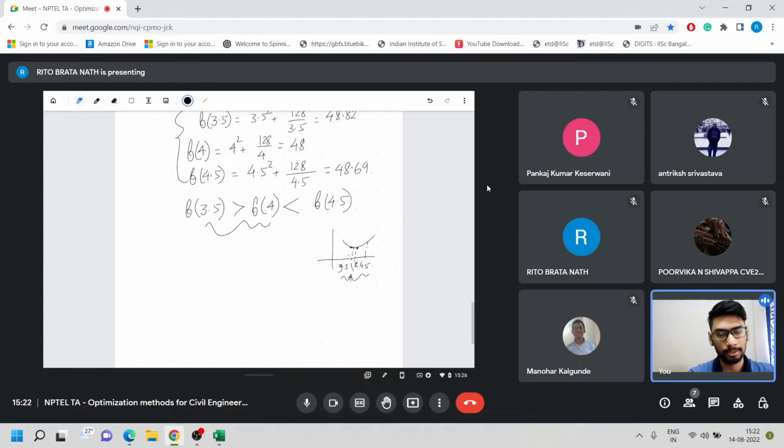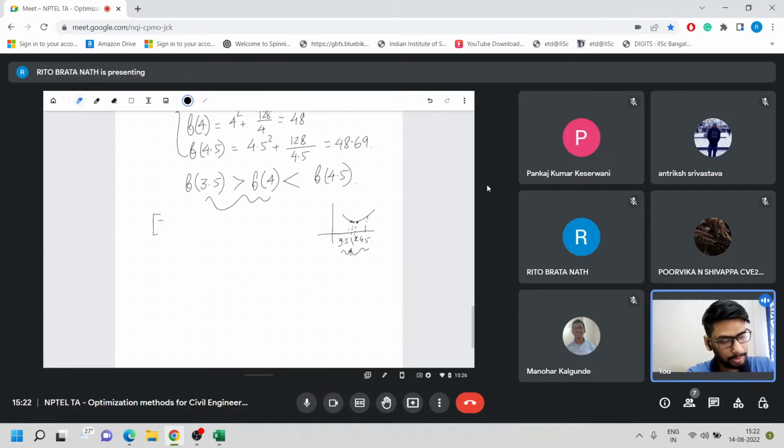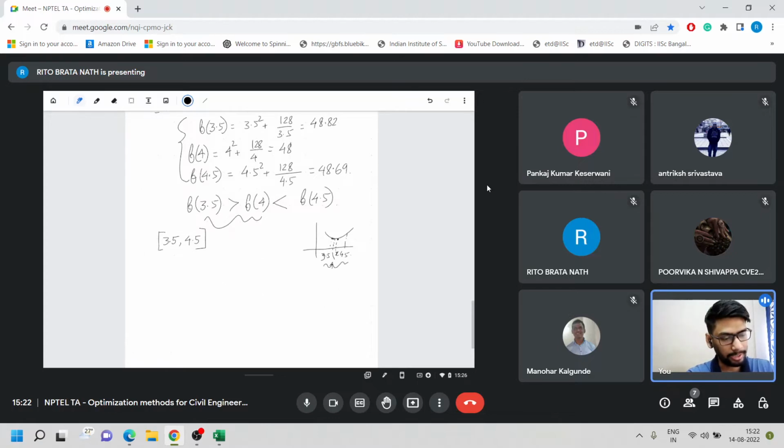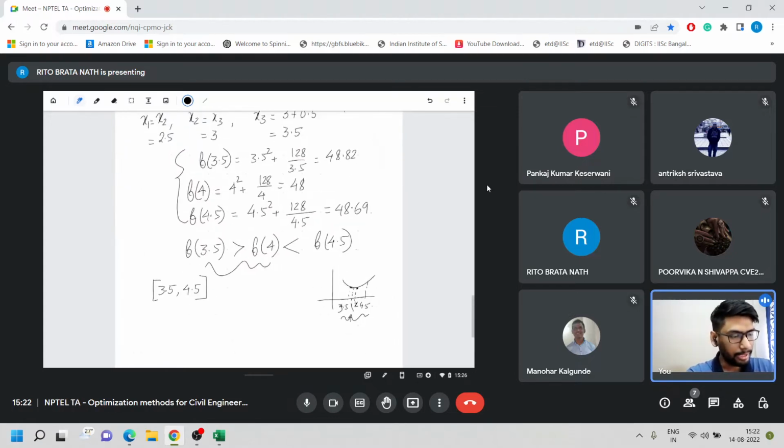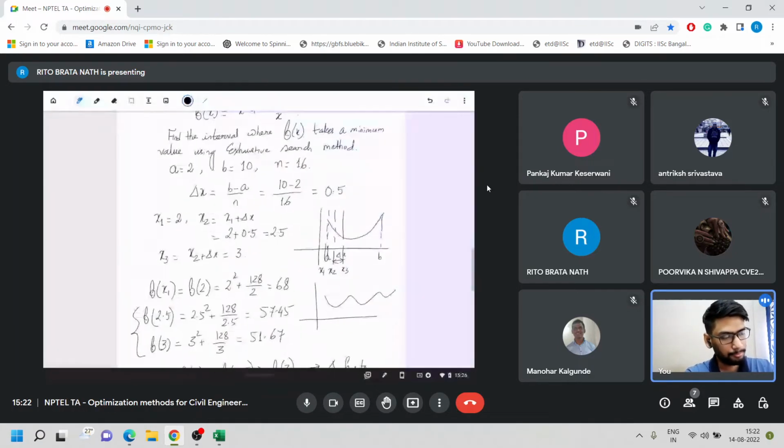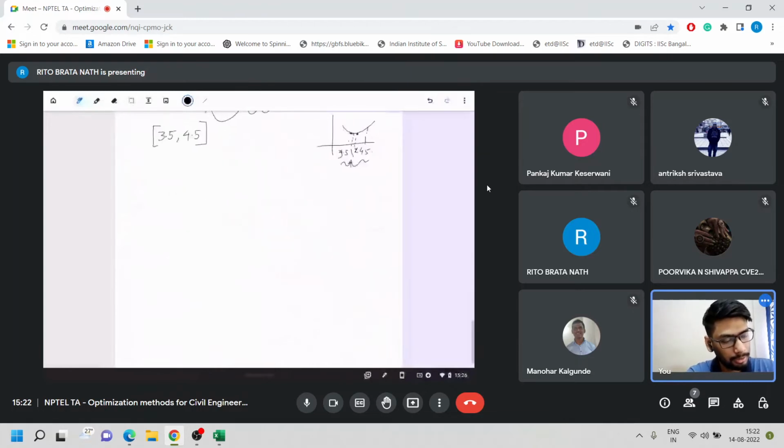So always draw some sketch and try to understand this kind of problem. Your final interval in this case will be 3.5 and 4.5, and actually the minima will occur at x equals 4. You can find that out easily, as I have given you the function x square plus 128 by x.